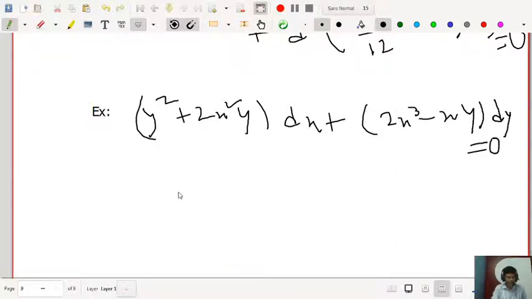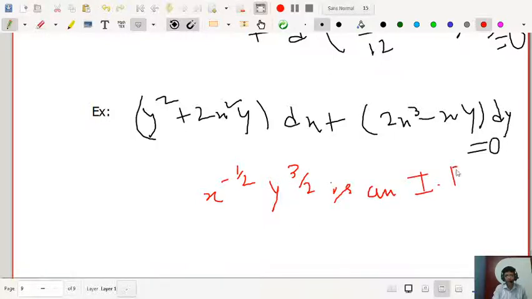You can try that. I am also giving you a hint: x to the power minus half, y to the power 3 by 2 is an integrating factor. You try this. This is very helpful.